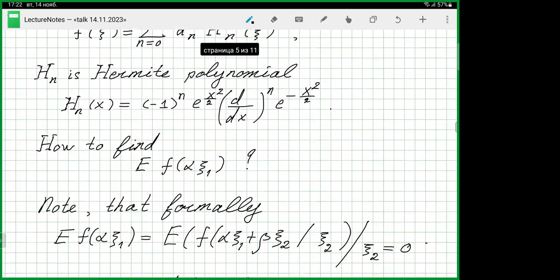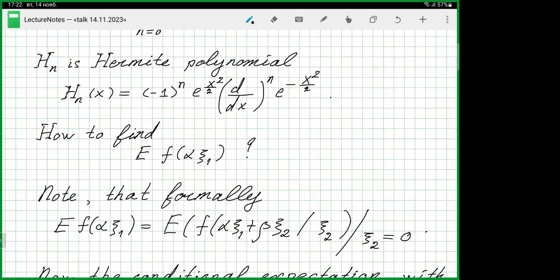Note that this expectation can be calculated as follows. Let us calculate the expectation of alpha xi1 plus beta xi2 conditionally with respect to xi2. Then we know that due to the independence of xi1 and xi2, this expectation must be calculated as follows.